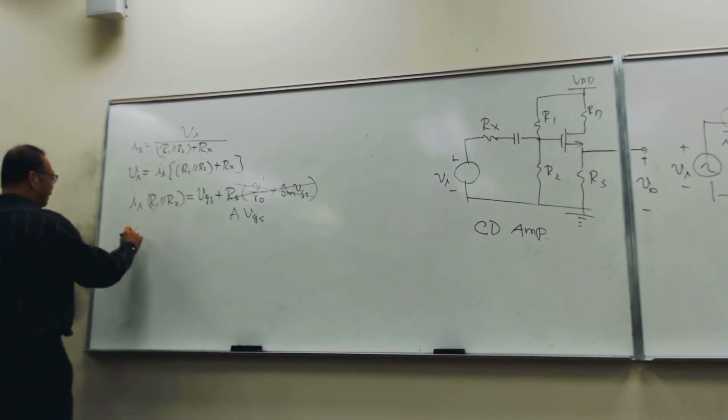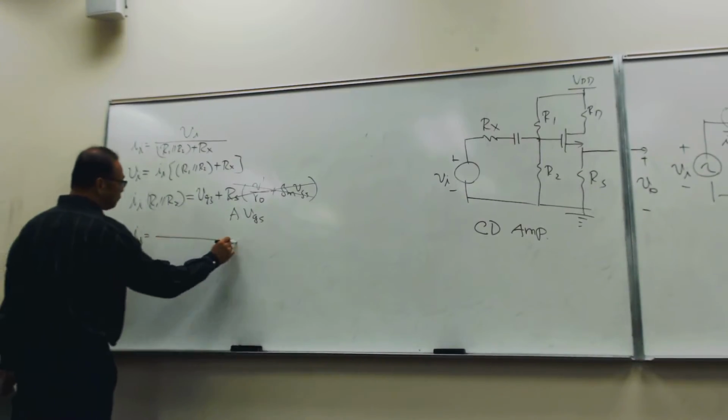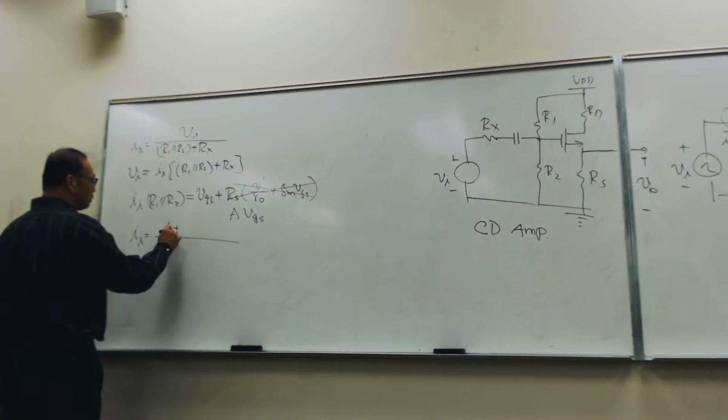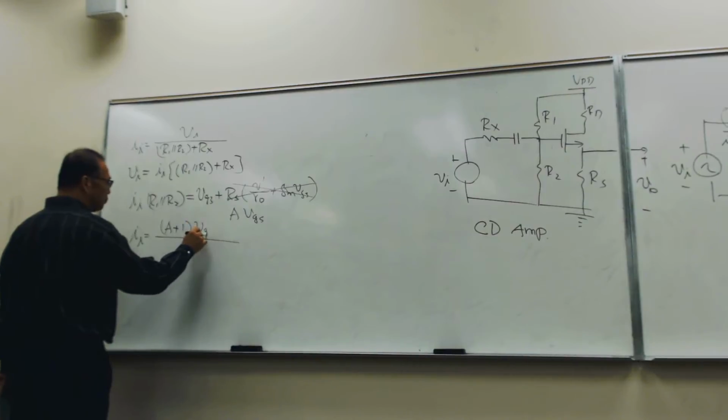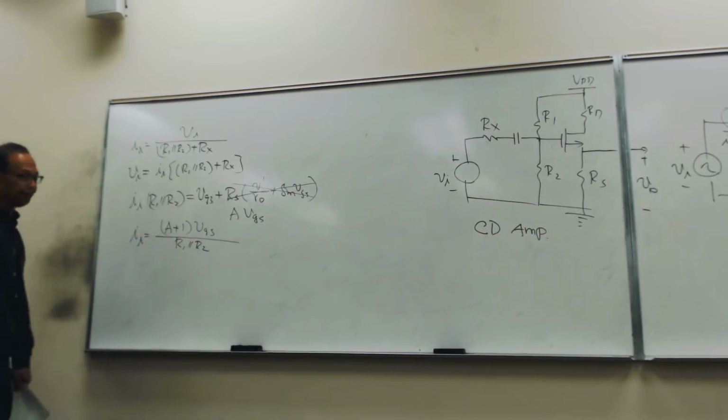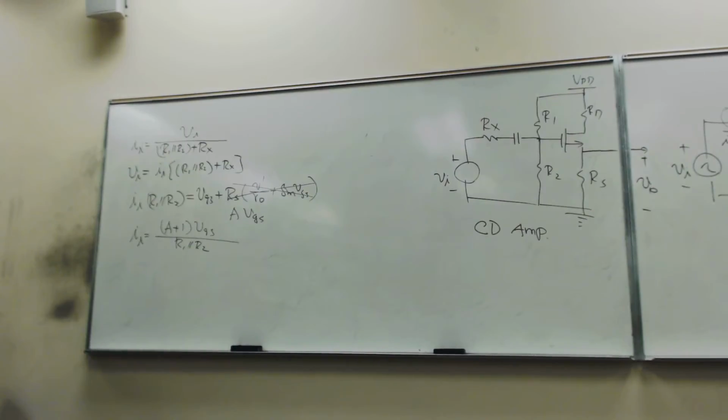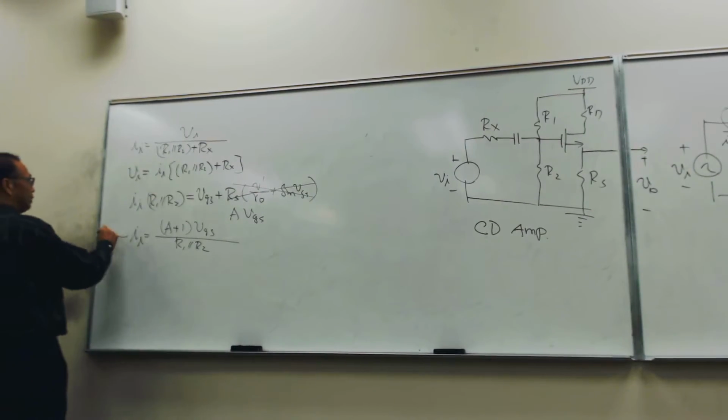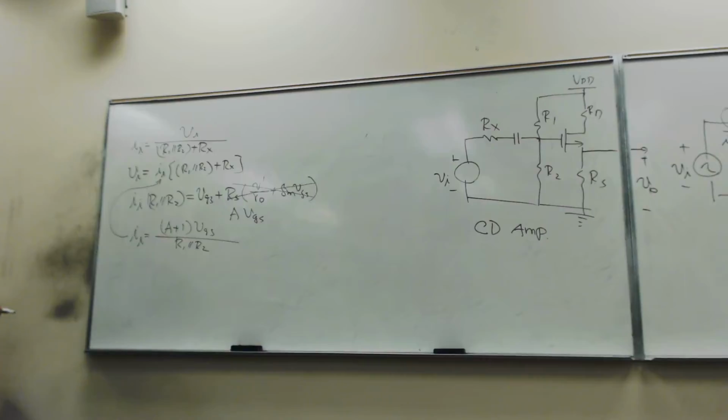Okay, so I sub I then is equal to A plus 1 times VGS over R1 in parallel with R2, right? So now you put this here, yes?